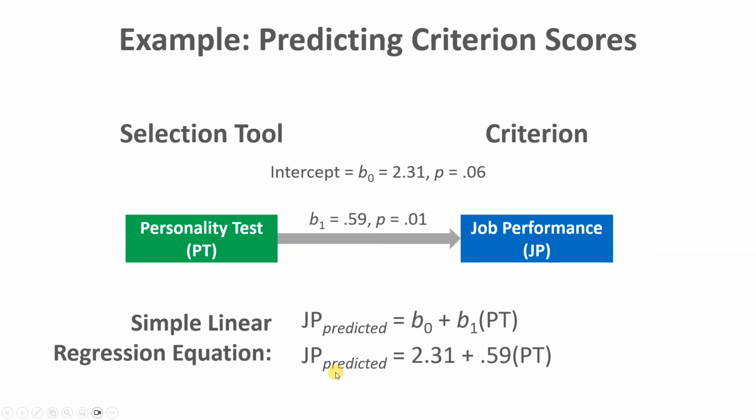So here you can see we have job performance predicted, which is our criterion, is equal to our model intercept or constant of 2.31 plus 0.59 times scores on our personality test, which is our selection tool. So we can apply some basic math in order to come up with the predicted job performance or criterion scores.